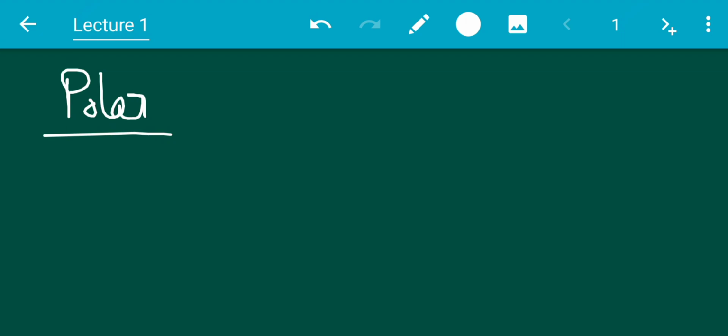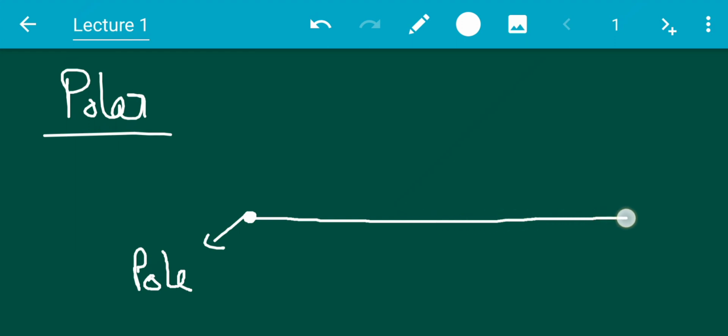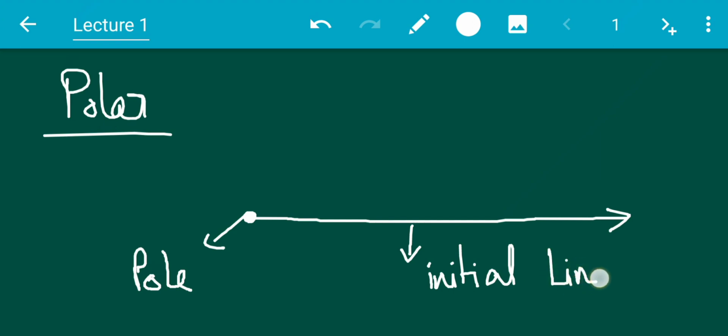For polar coordinates, we need a point, which we call the pole, and a ray, which we call the initial line. This is the only component of the polar coordinate system.